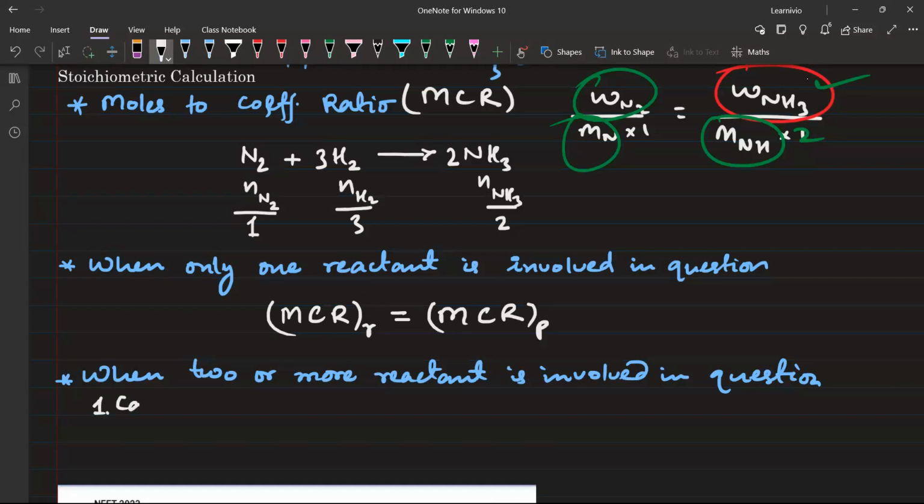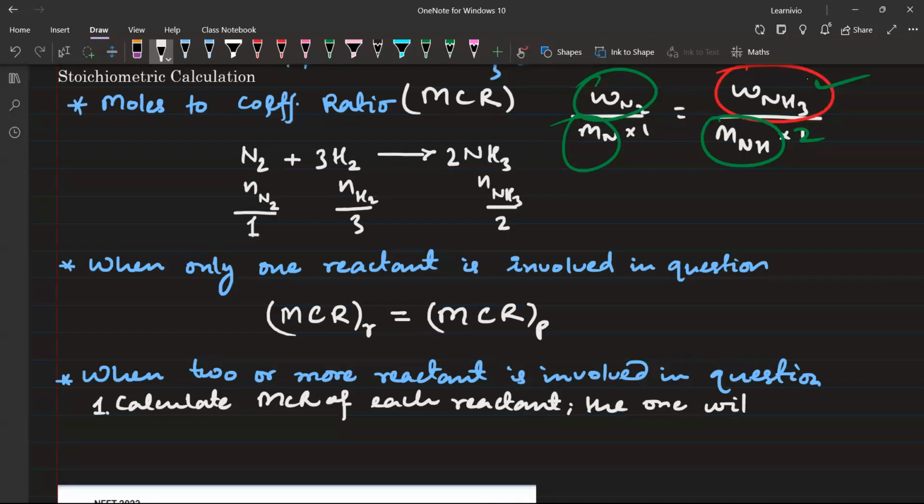First step is to calculate the MCR of each reactant. The one with the least value will be the limiting reagent.